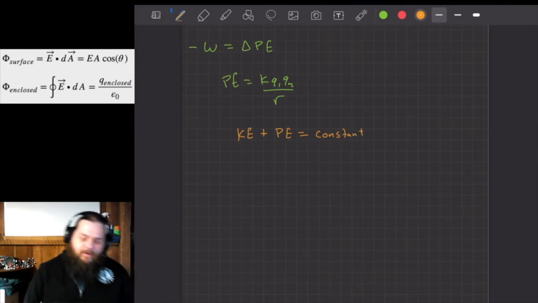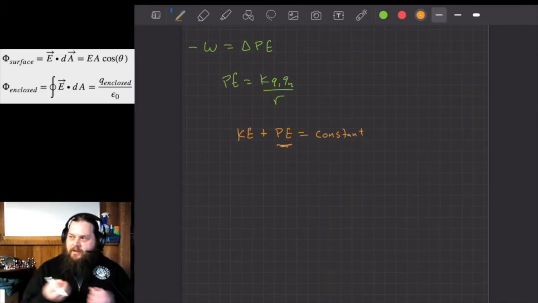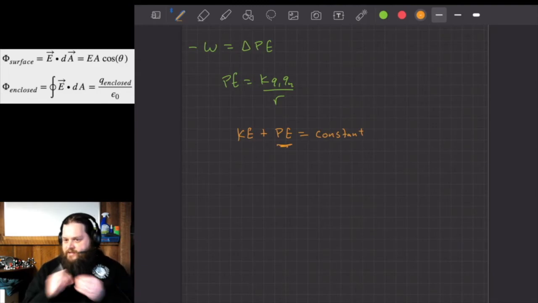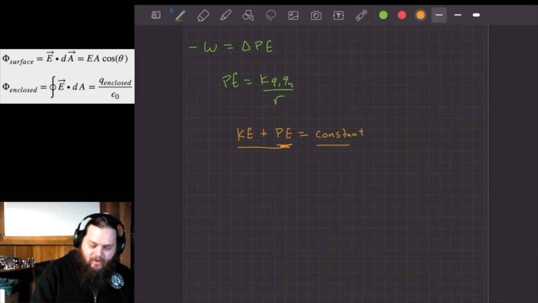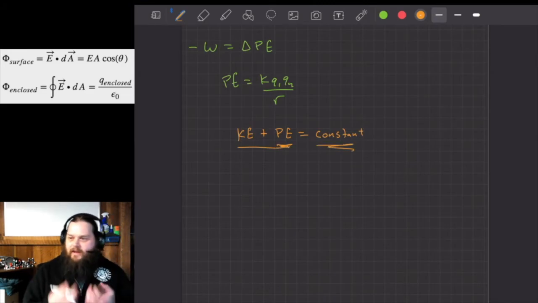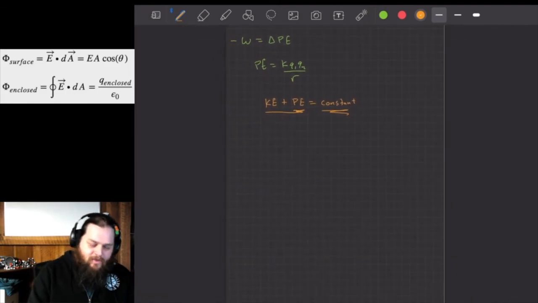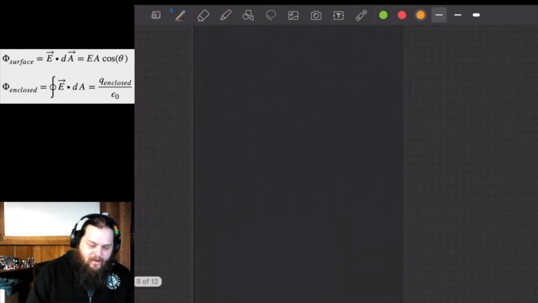So if your particles start out at rest, and you have some potential energy there, over time, the potential energy is going to decrease and the kinetic energy is going to increase. But the sum between those two is always constant. We always have that conservation of energy. And that's one of the universal laws of physics, is all energy is always going to be conserved. So we can look at a few different examples of this.